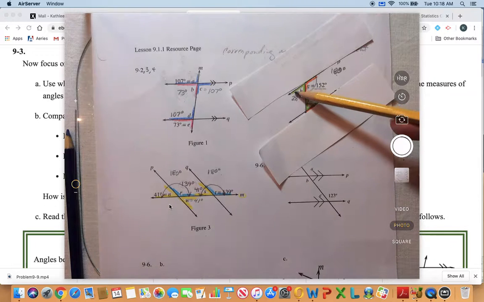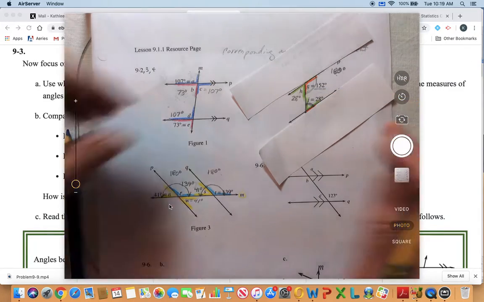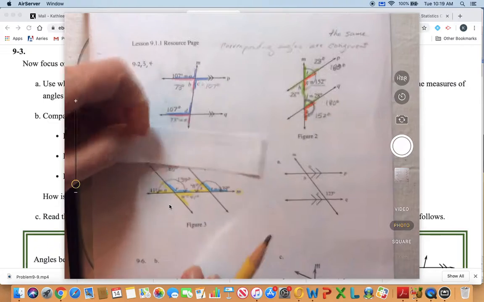You can see that H is on one side and J is on the other side. Now, of course, look at the measurement of the two angles. We can see that they're both 28 degrees. They're both the same.